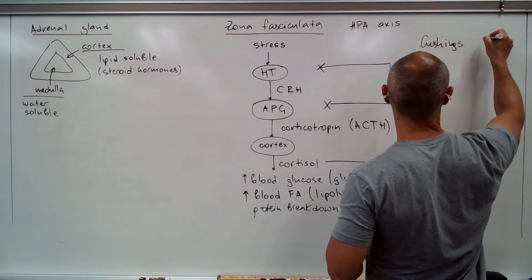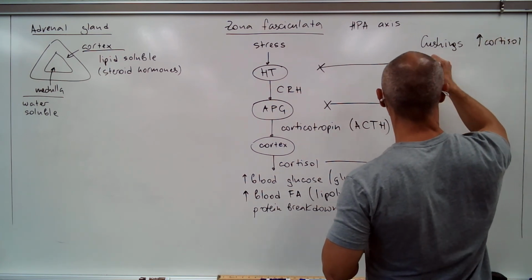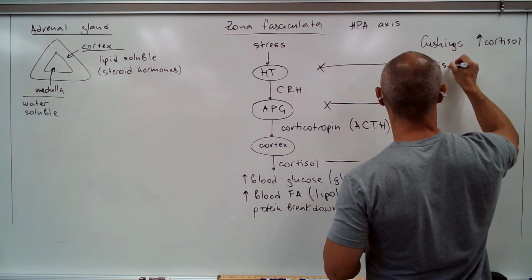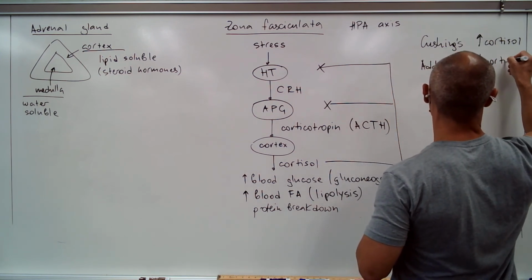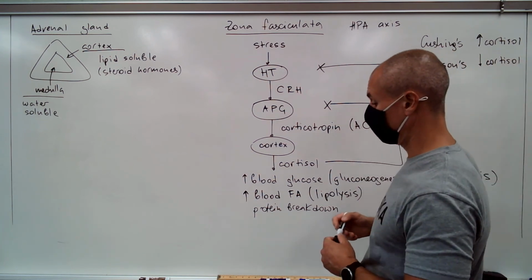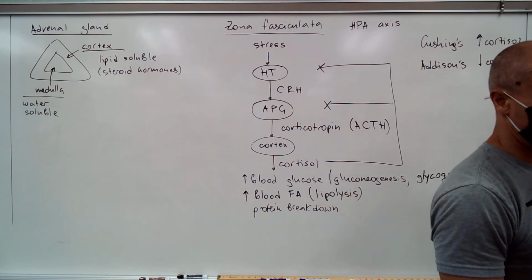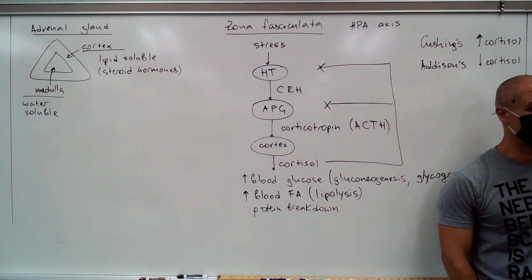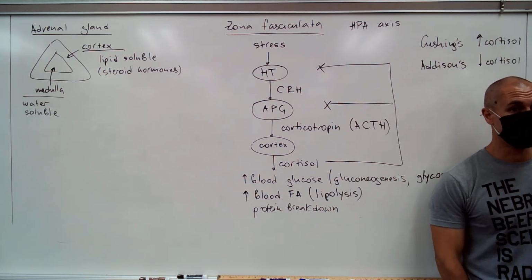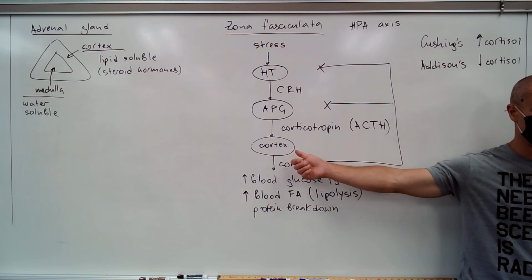So what are the diseases? Cushing's, a lot of cortisol. Addison's, too little cortisol. So in Cushing's, what happens? Metabolism goes awry, and basically people with Cushing's are actually obese. They aren't genuinely stressed. They just overproduce cortisol.